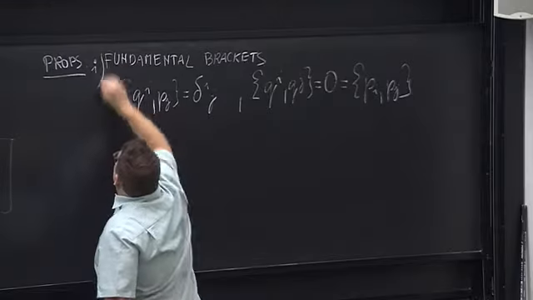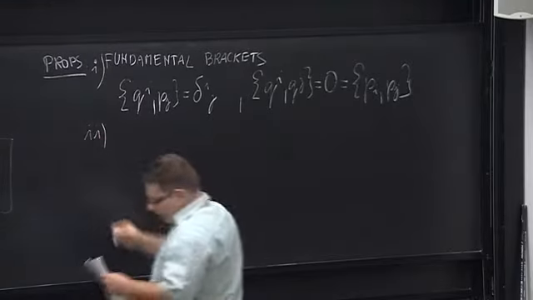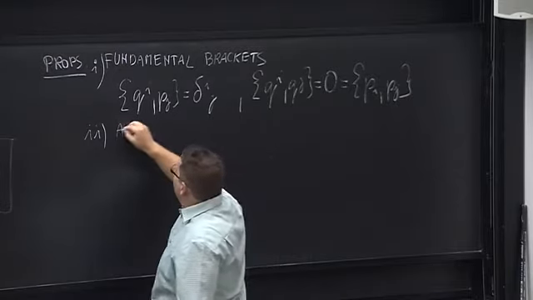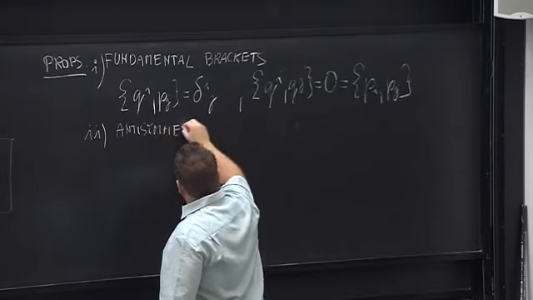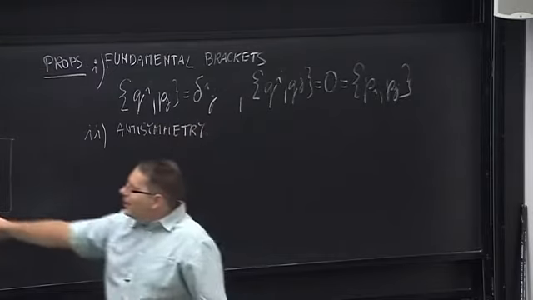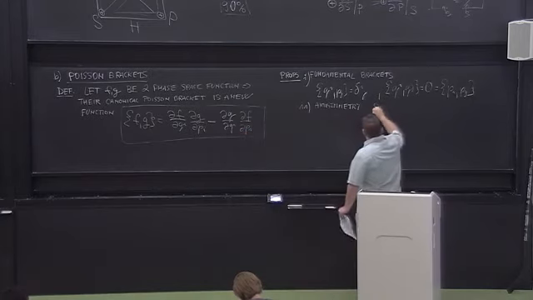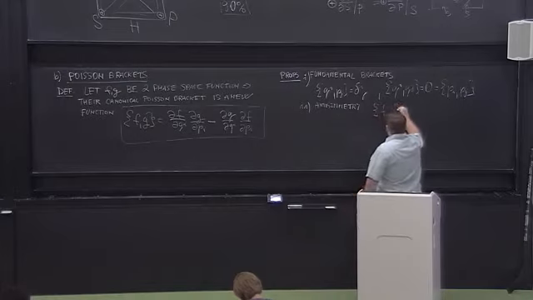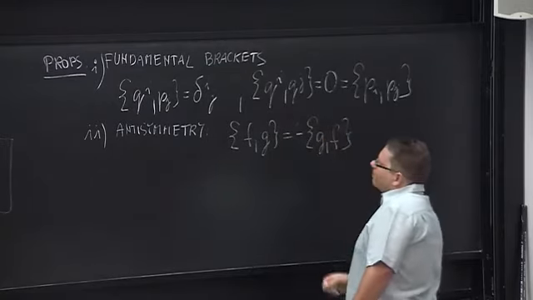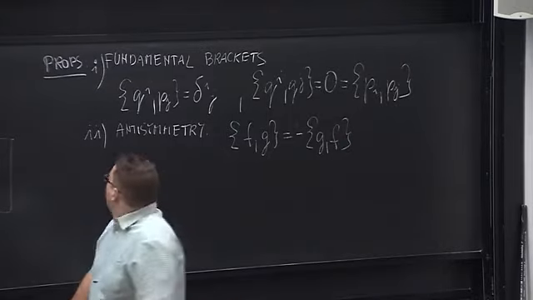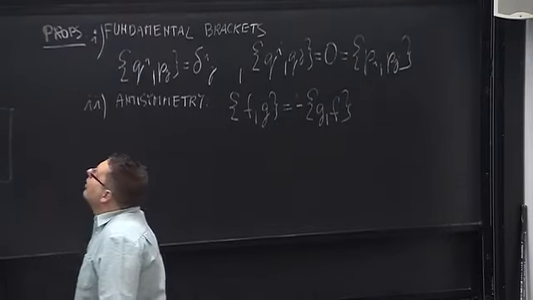Property 2 is the antisymmetry. It's obvious by this minus sign here. So if you have f and g, it's minus g and f. Then you have linearity.